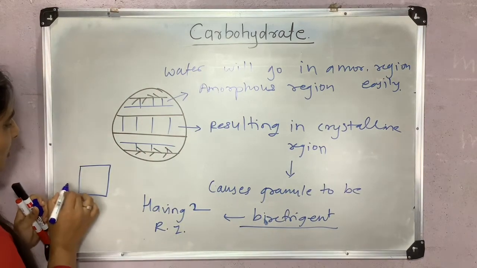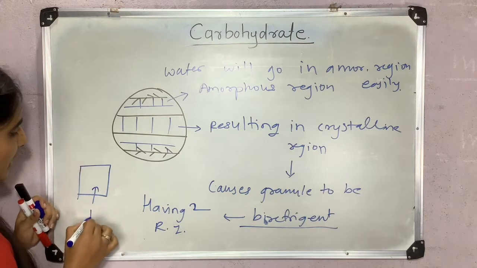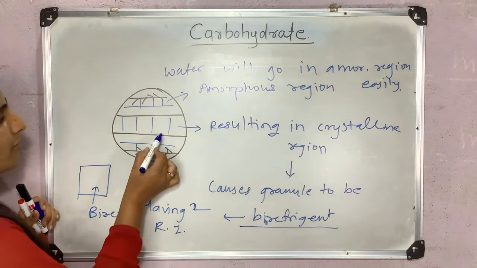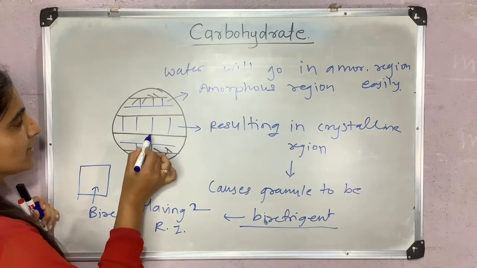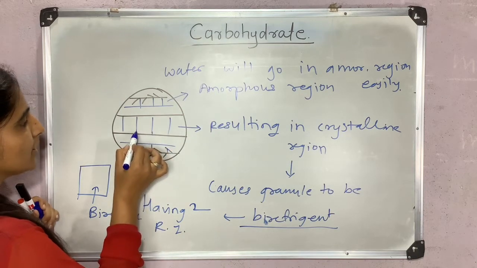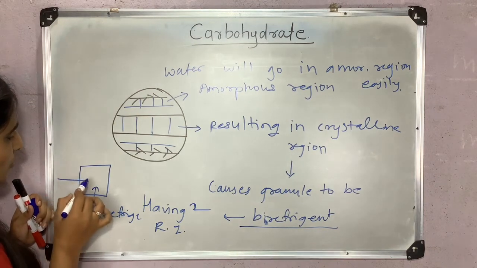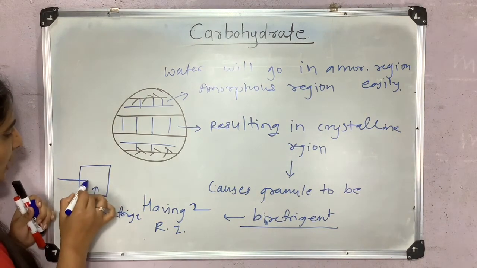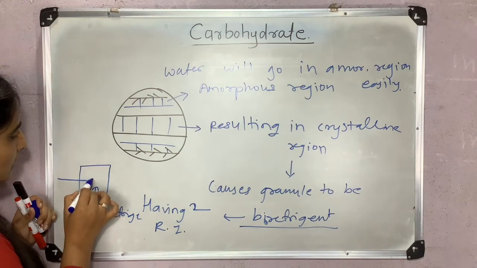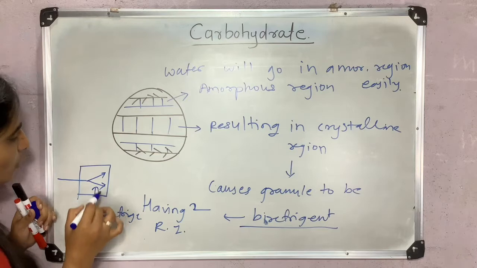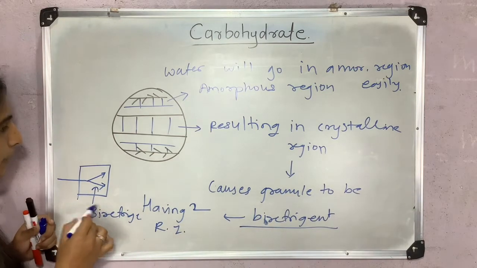Suppose this is the molecule which has birefringence. When water comes inside this region, this molecule becomes birefringent. When a ray of light passes through that birefringent molecule, the light will pass into different paths.